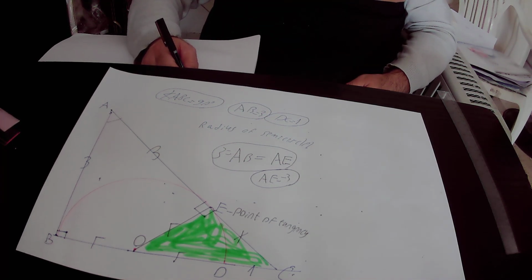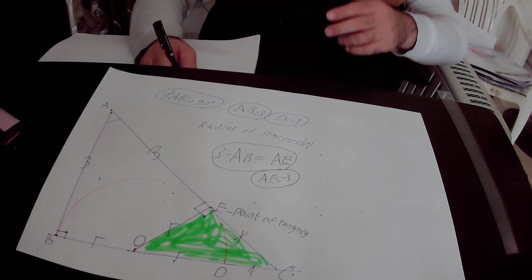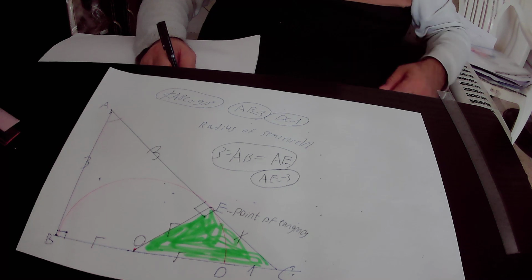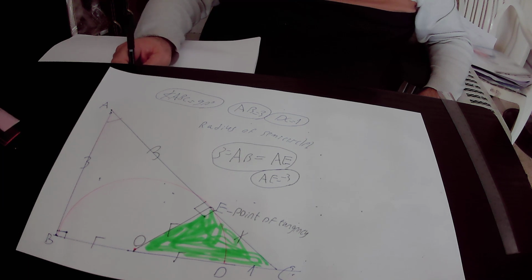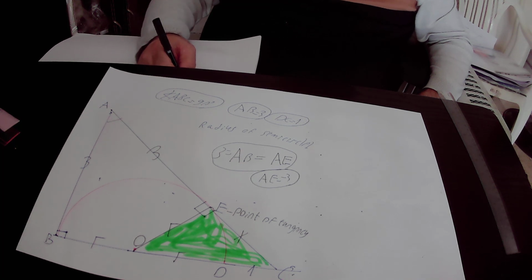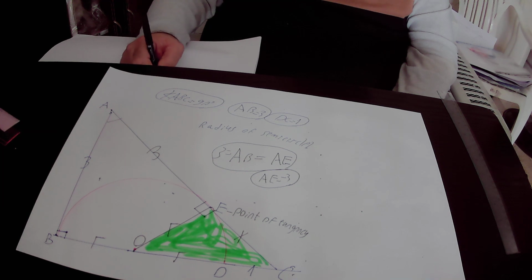Therefore, we actually proved that triangle ABC is similar to triangle OEC, the green triangle, according to the angle similarity rule.